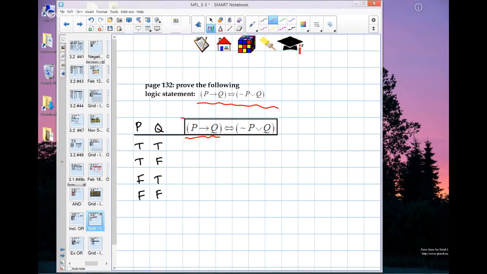Okay, so if P then Q, only false when the first is true and the second is false. There it is, right there. When the first is true and the second is false. The other three are all trues.